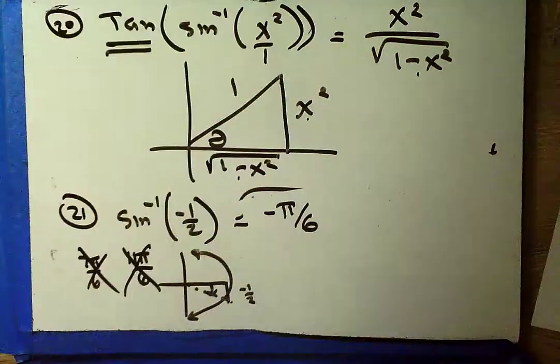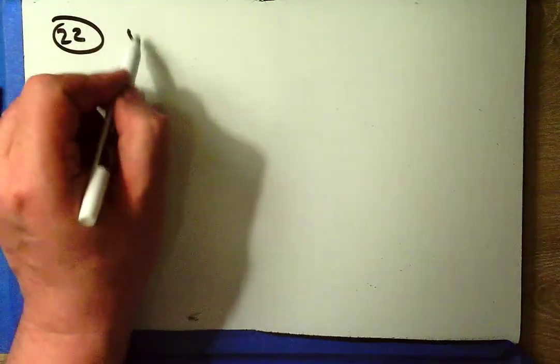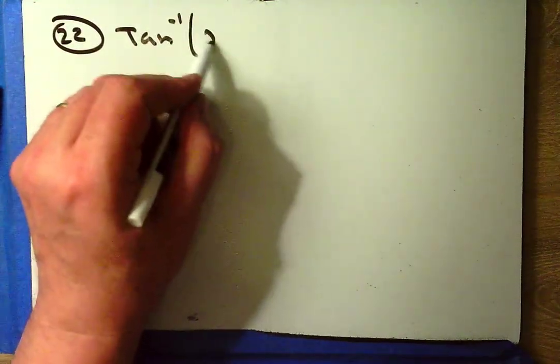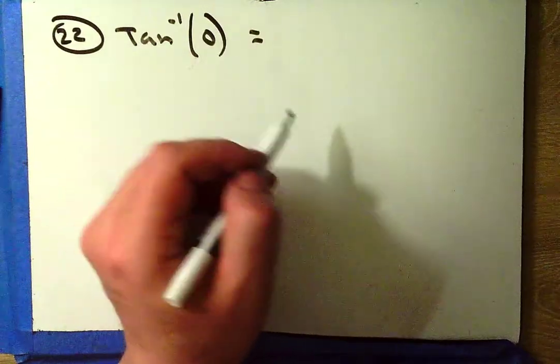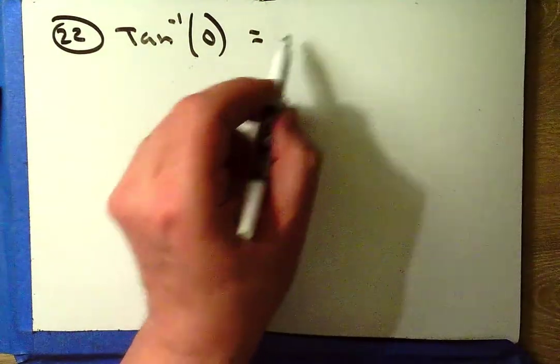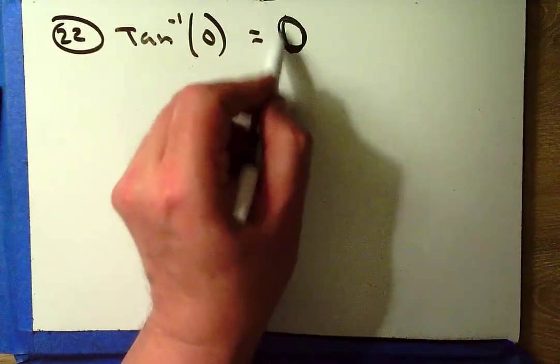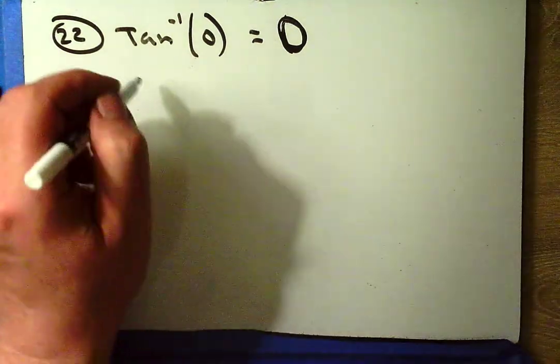Okay, 22. Inverse tangent of 0. What angle has a tangent value of 0? Well, because I know my tangent reference graph, I know that angle. Think about this graph.